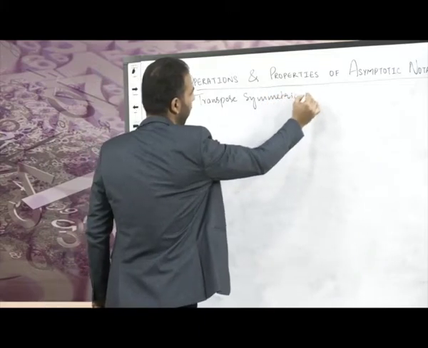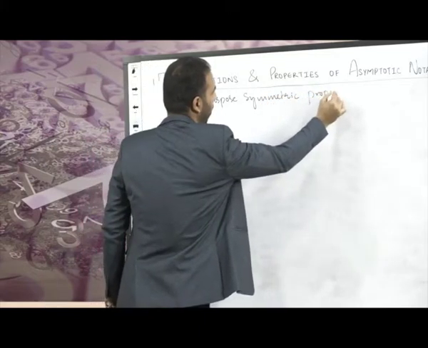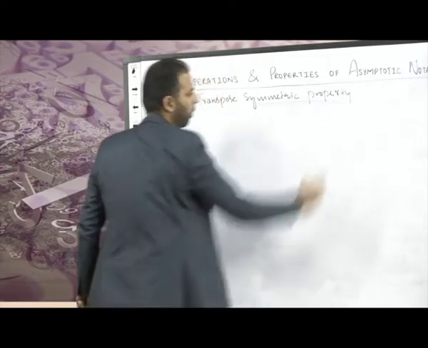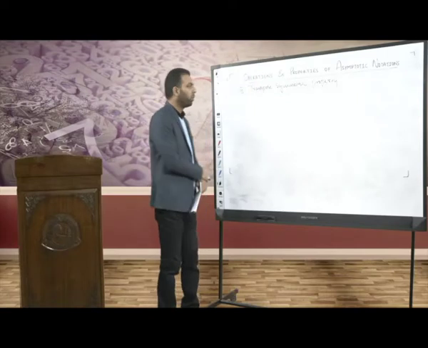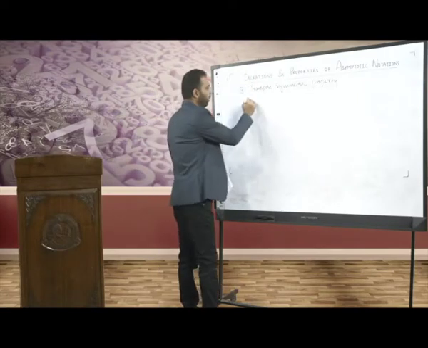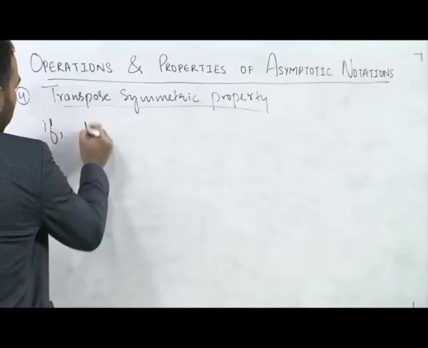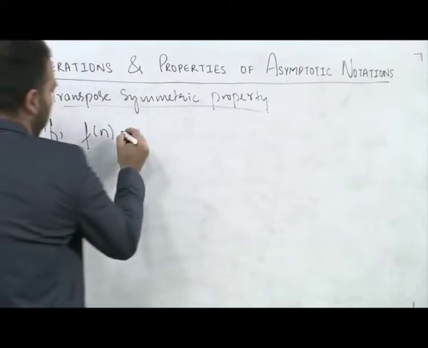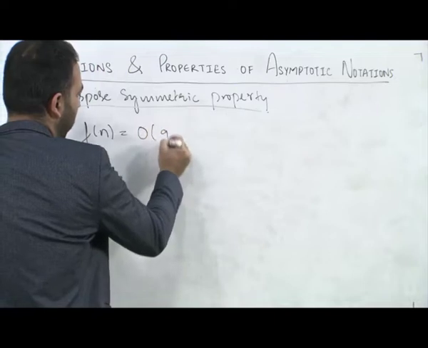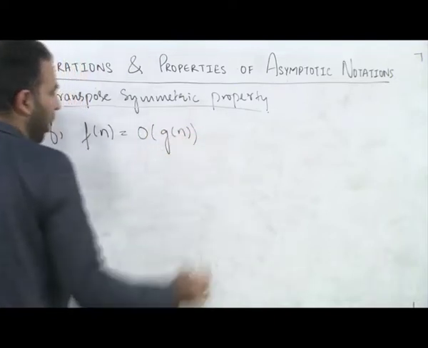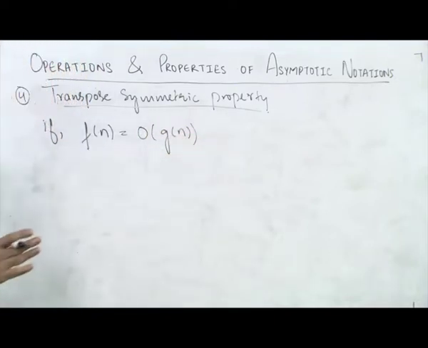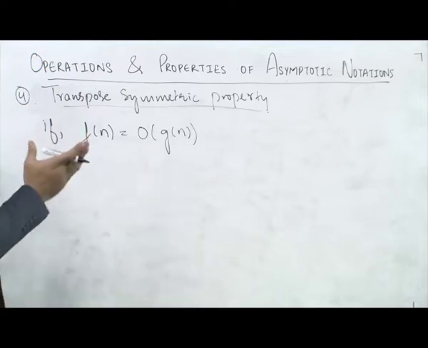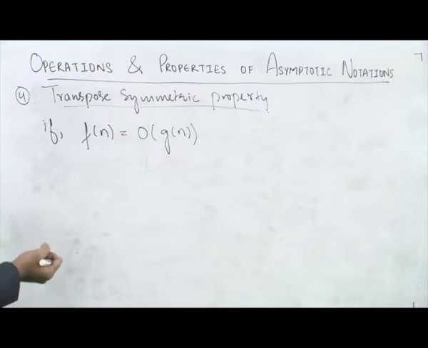Moving on, we'll see our next property, transpose symmetric. What happens in transpose symmetric is that if we are given a function f of n which is of the order g of n, we have seen that f of n will be a function if we plot it, and g of n will be above it, multiplied by some constant c.